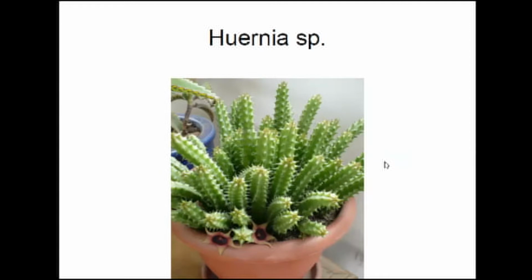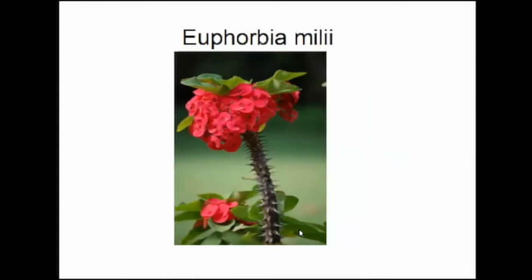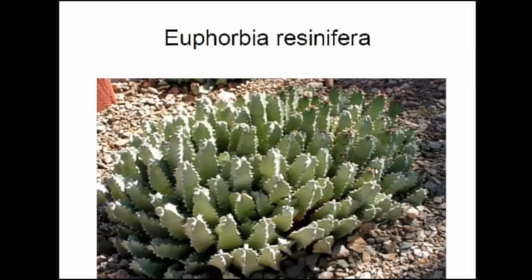Here is an example of a Euphorbia, Euphorbia milii in this case, a stem succulent that still has leaves, but it's much more efficiently adapted to dry conditions when it loses its leaves.